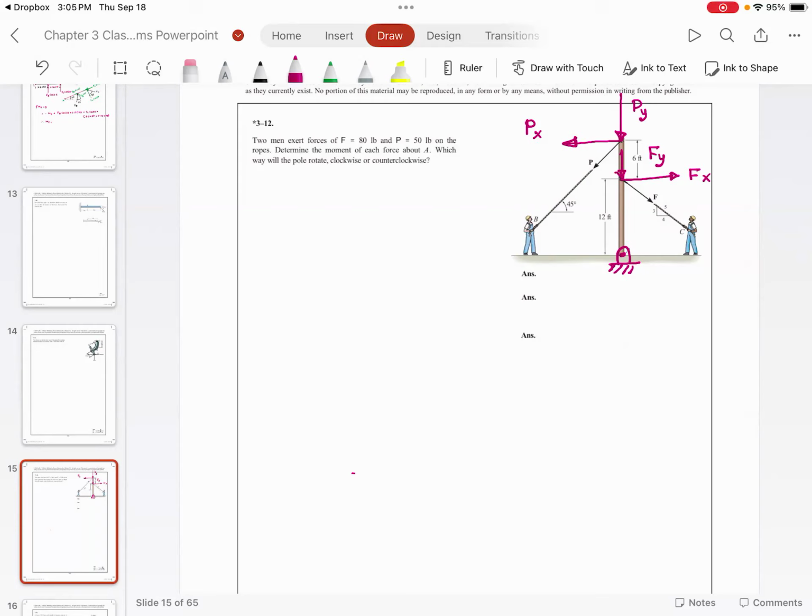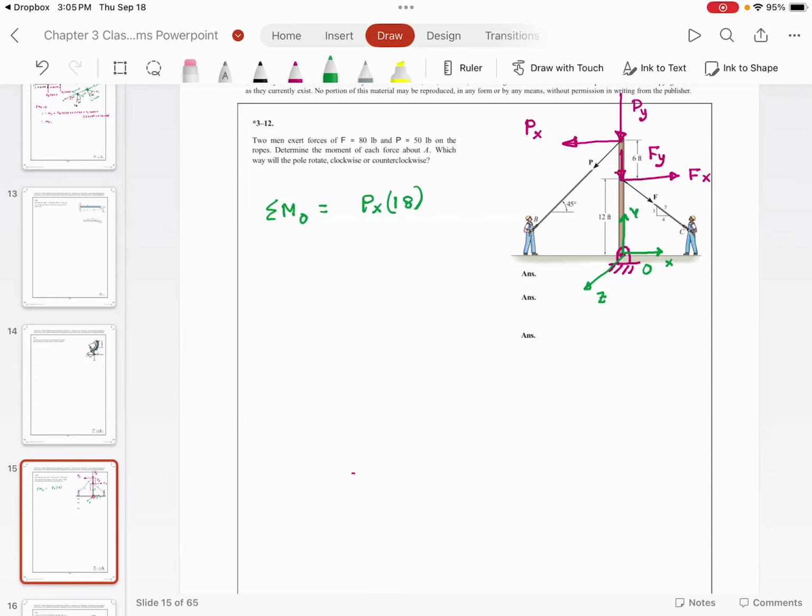If you look at the coordinate system, it is x, y, z. And summation of moment about O is Px multiplied by 18.